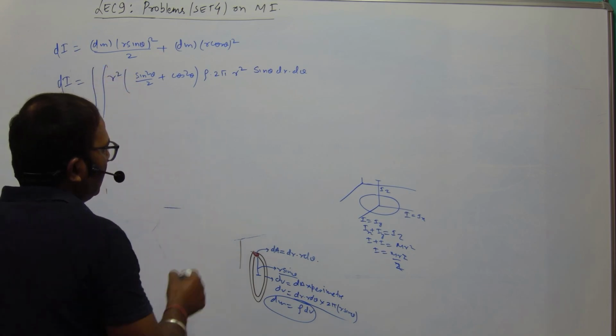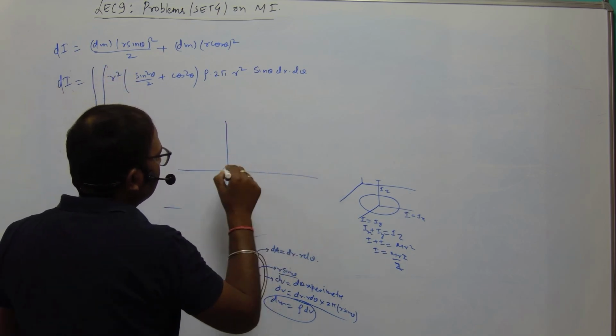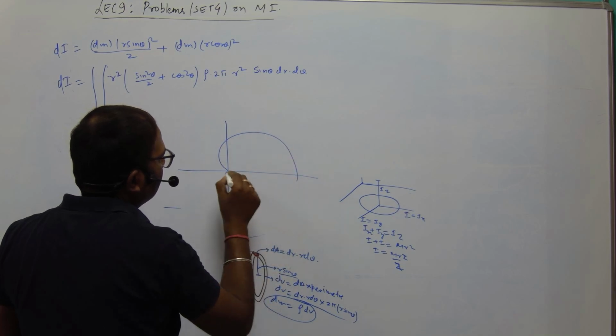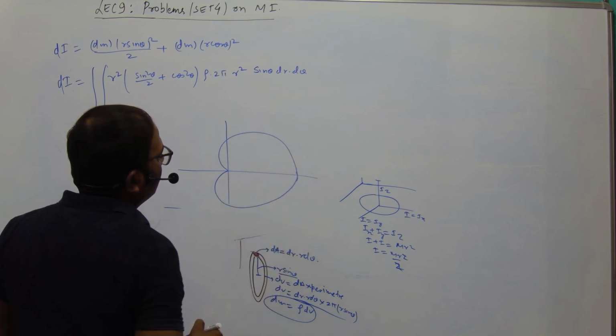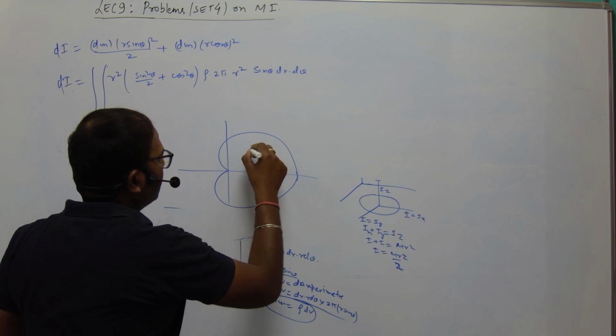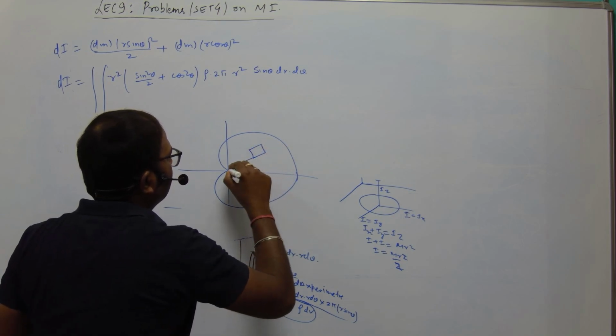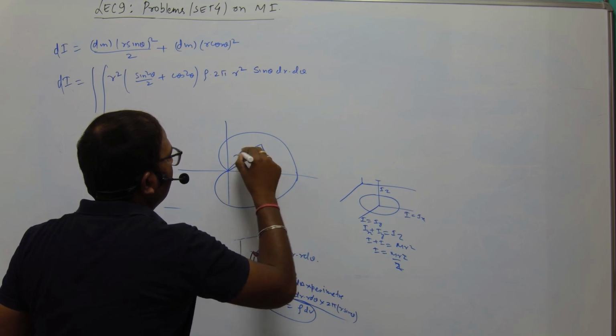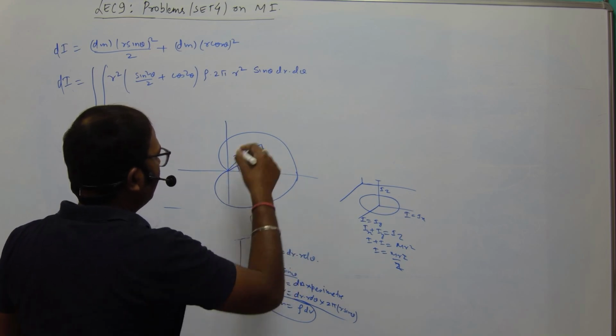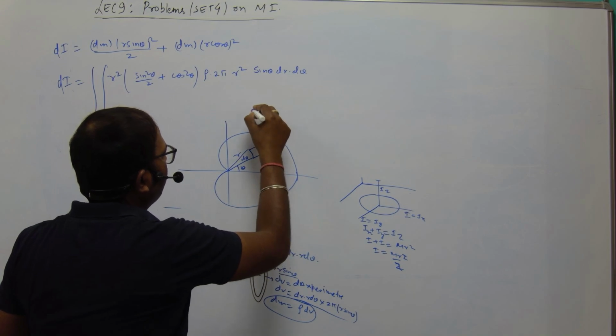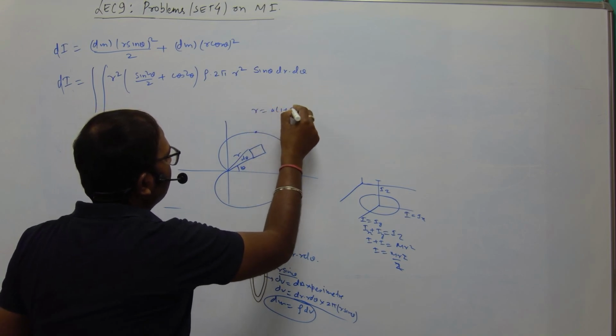Okay, so we have the cardioid like this, and we have taken the element like this. This is at an angle theta, this is d theta, and this is r. So the value of r at any point will be, we have the equation r is equal to a(1 plus cos theta).